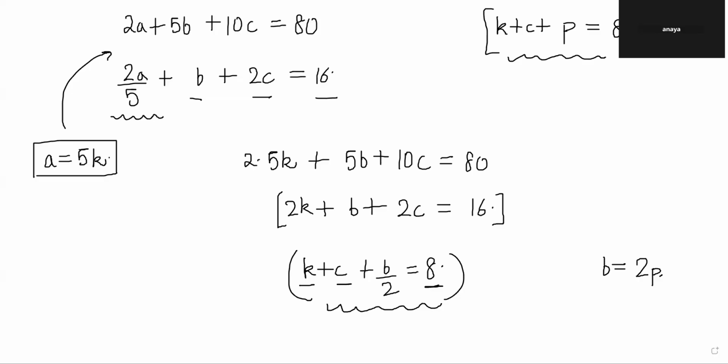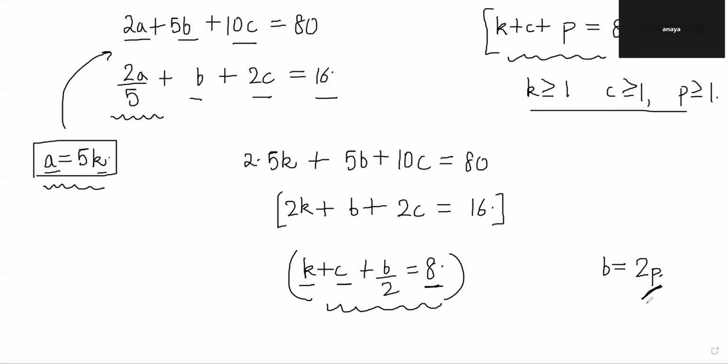k, c, and p are integers, and all of them should be greater than or equal to 1, because that was the initial condition on each of a, b, c, right? Think about it: k cannot be 0 because then a would be 0. Similarly, p cannot be 0 because then b will be 0.